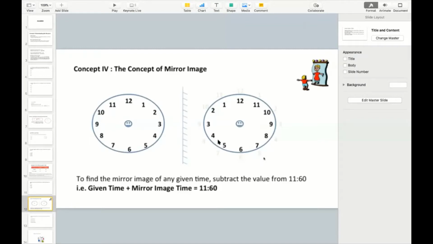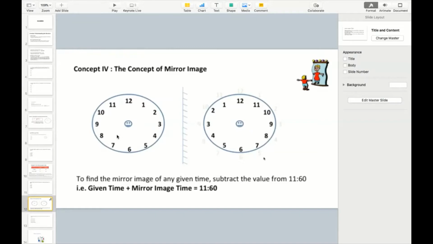It will point towards 4, somewhere around 4 to 5 actually, and the minute hand which was pointing exactly towards 4 will now point exactly towards 8.